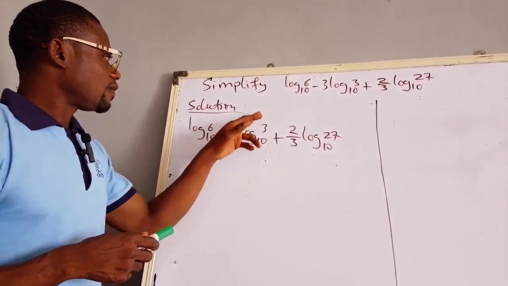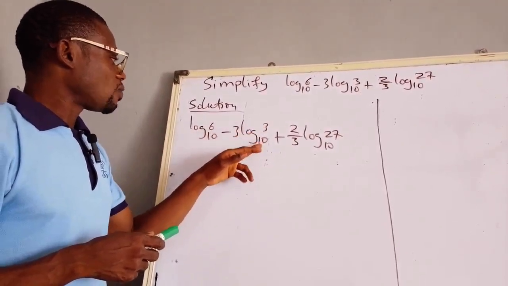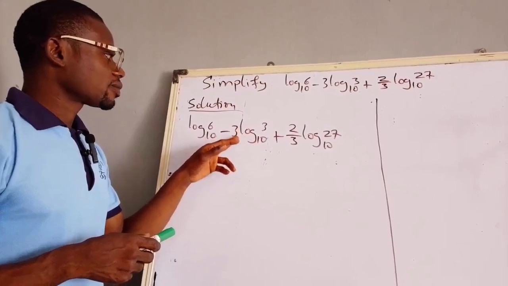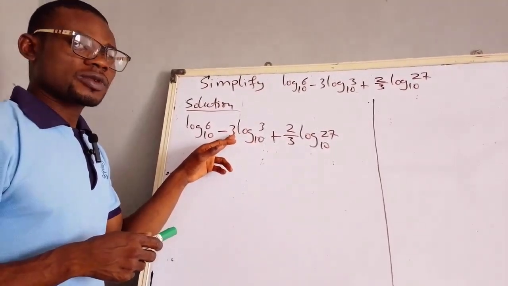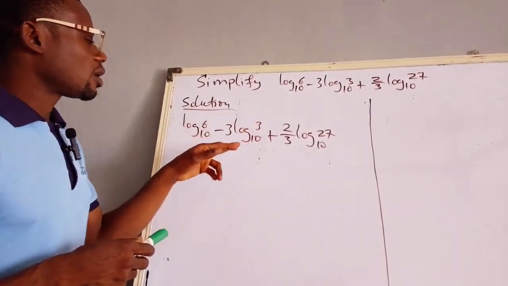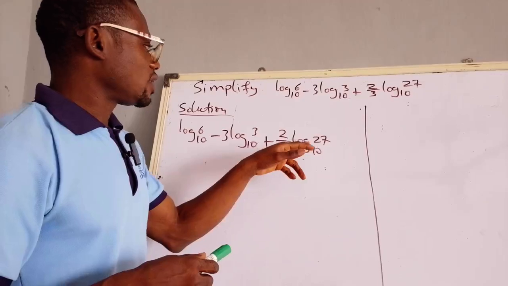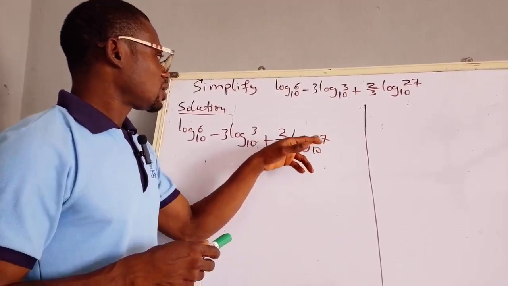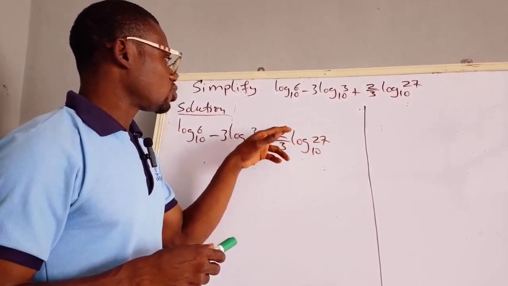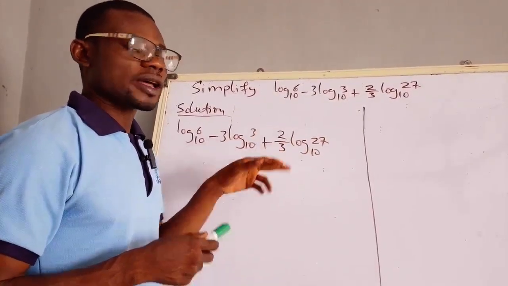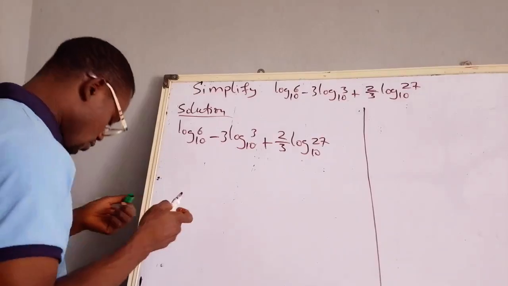So the exponent of this log 3 base 10 will now be 3. Then the exponent of this log 27 base 10 will be 2 over 3 because this is a multiplier. See how we do it.